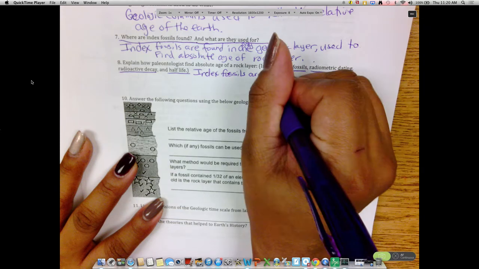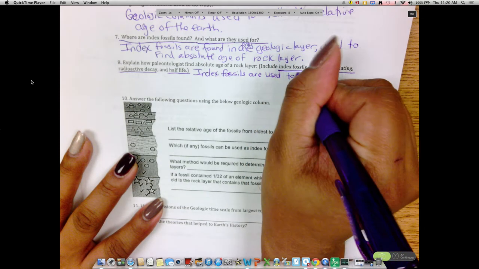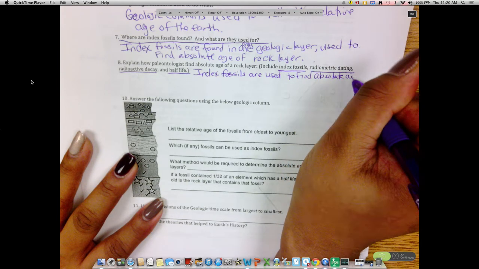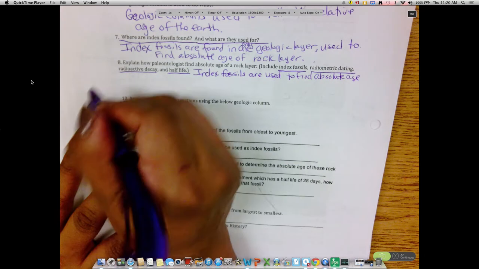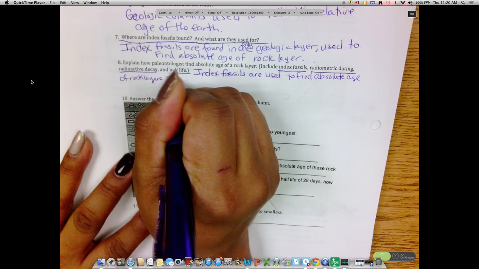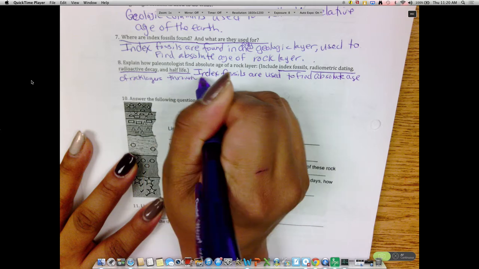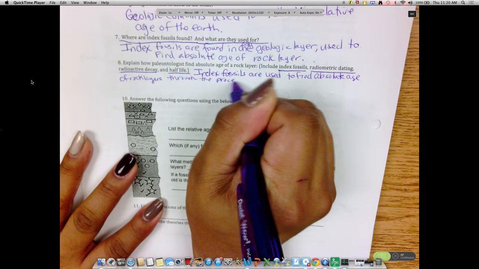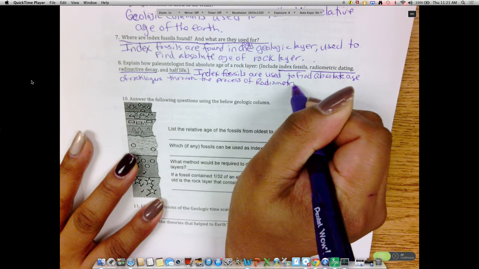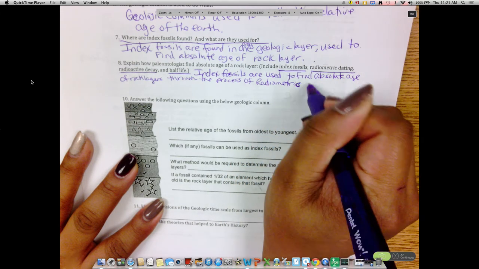Are used for actual age. Are used to find absolute age, what? Of rock layers. Of rock layers through the process of radiometric dating.